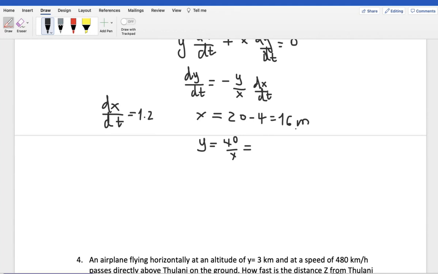And since x is 16, you have 40 divided by 16. If you do the math, it gives you 2.5 meters.